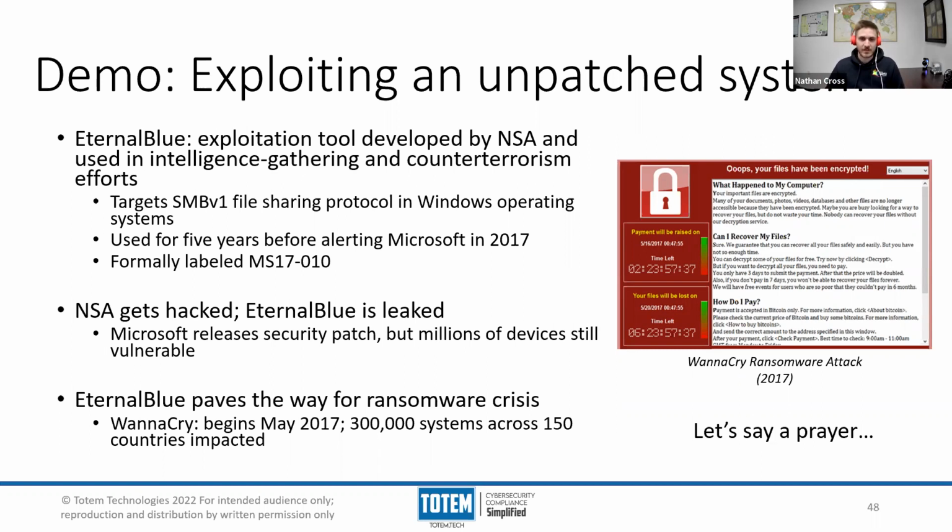And so, as I mentioned, this sort of set forth a chain of events that has allowed ransomware to become the monster that it is today. Once hackers realized how easy it was to exploit Eternal Blue, they took this tool and they used it.